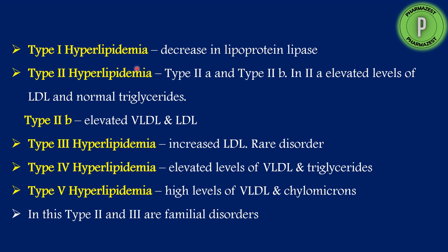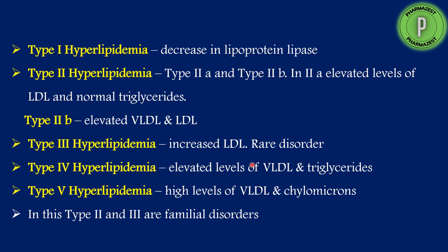So you can see in the different disorders there is only one minor difference. In type 1 there is a decrease in lipoprotein lipase. Whereas in type 2 you have two types: in type 2A there are increased levels of LDL, and in type 2B both VLDL and LDL are increased.